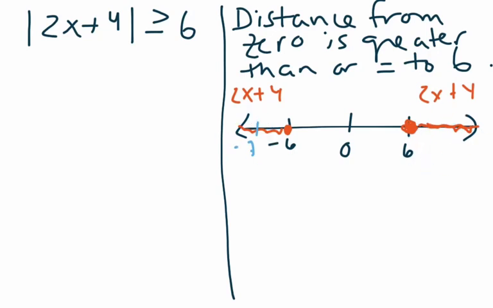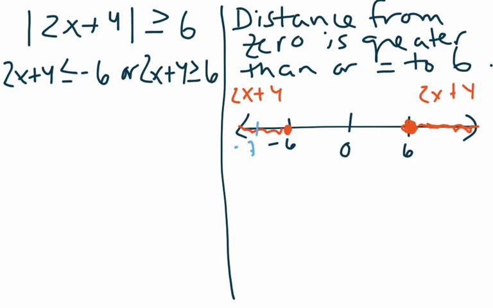It can be in one or the other, but not both. A number is either less than -6 or it's greater than 6. It's one or the other, but not both. So when we write this, it will become a compound inequality in 2 parts. We can have 2x plus 4 is less than or equal to negative 6, or 2x plus 4 is greater than or equal to positive 6.